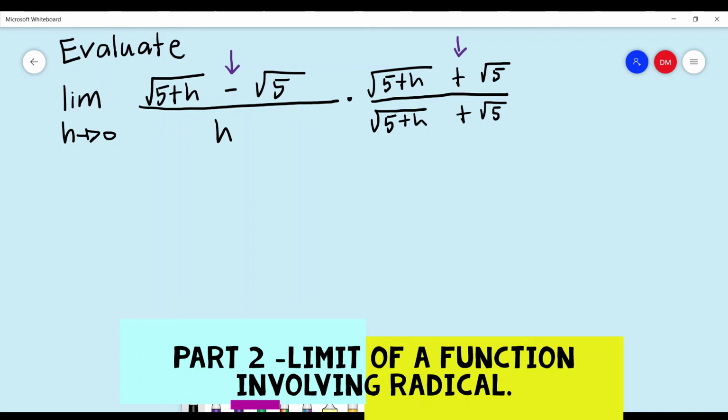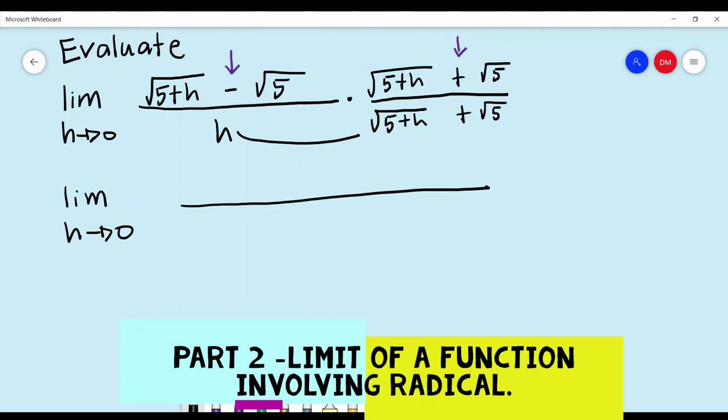So going to the next step, we will multiply the denominators, and that will be h open parenthesis square root of 5 plus h plus square root of 5 close parenthesis. And in the numerator, let us make two parentheses.